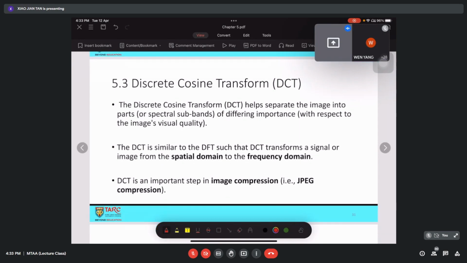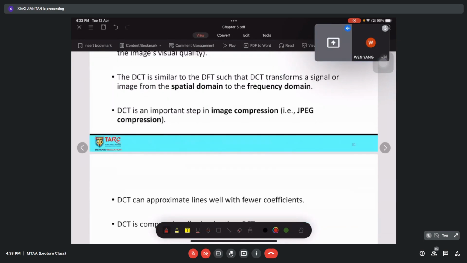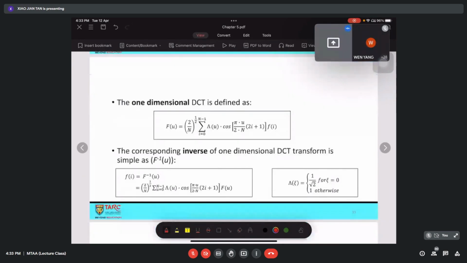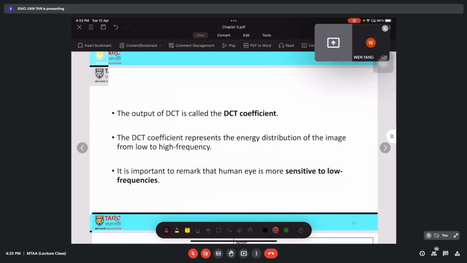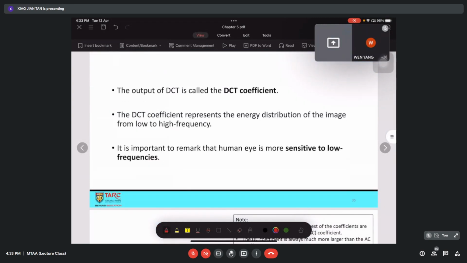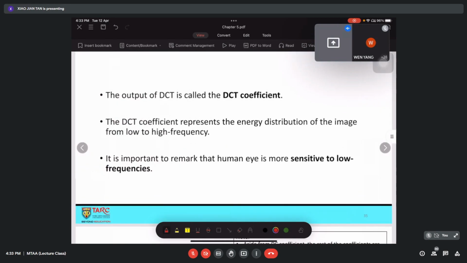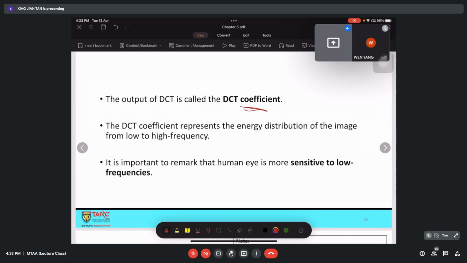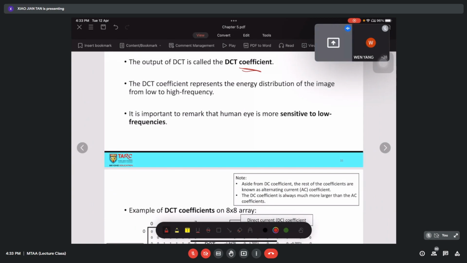Okay, DCT. DCT is the core of the JPEG compression. The output of the DCT is known as DCT coefficients. The human eye is sensitive to low frequency information, where low frequency information refers to smooth transition.